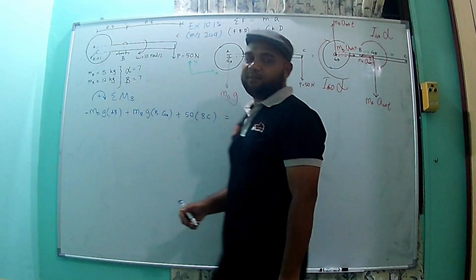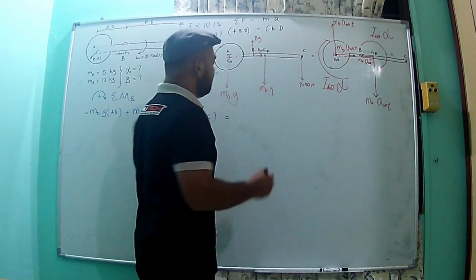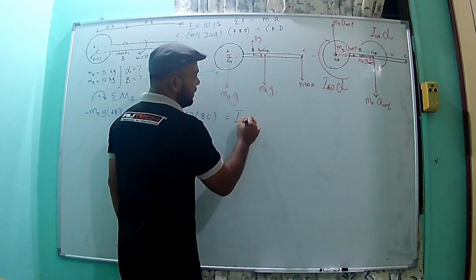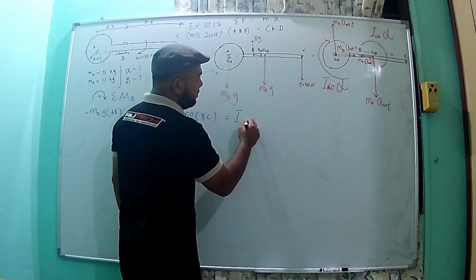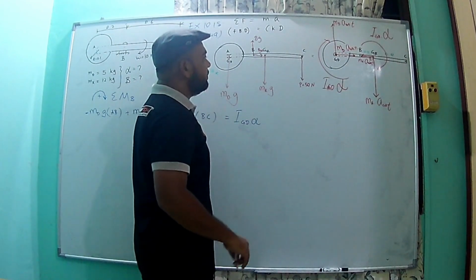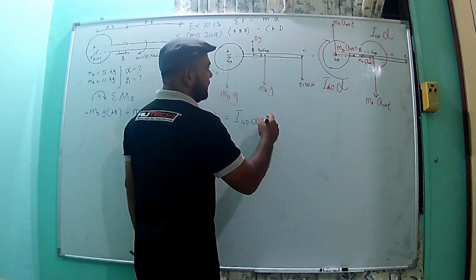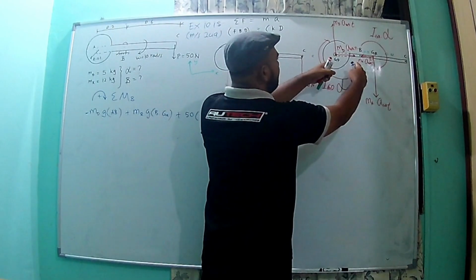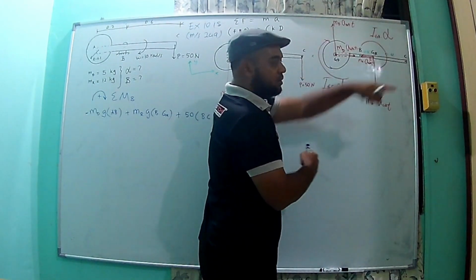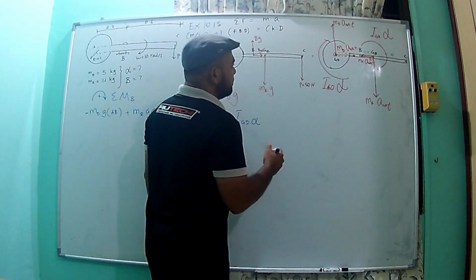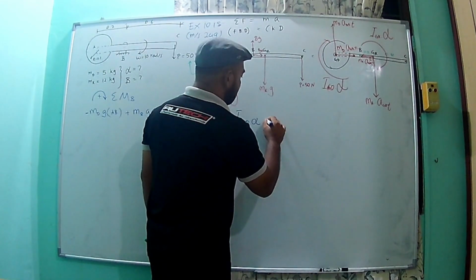Okay, the first one, I will take this one: I_G,D alpha. If I put a pin here and pull in this direction, it will turn clockwise, so it will be plus.